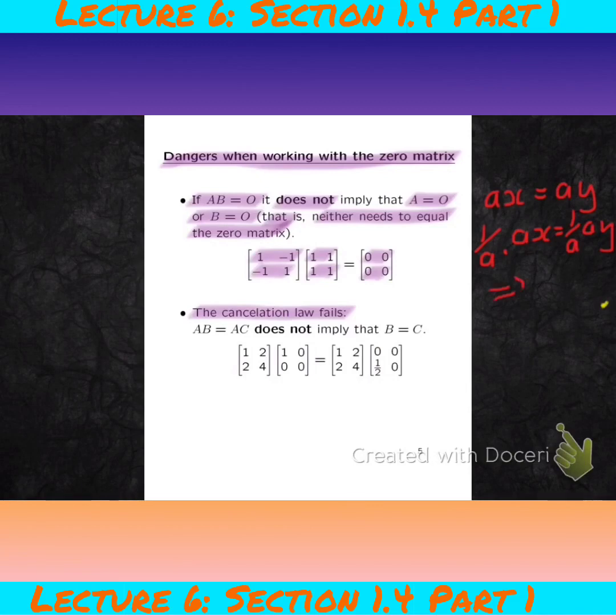From that, you could cancel and prove that X is equal to Y. However, with matrices, if A times B is the same as A times C, it does not imply that B is equal to C, like we could here.